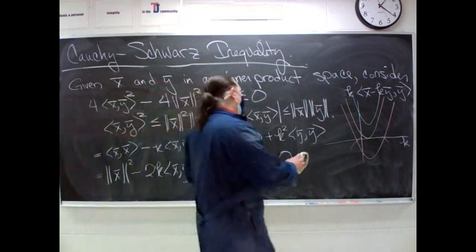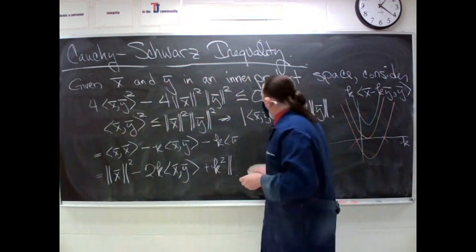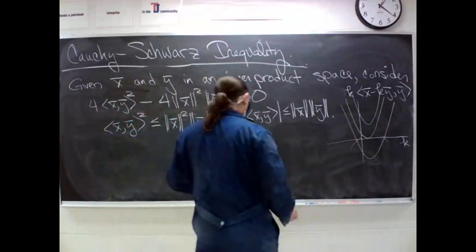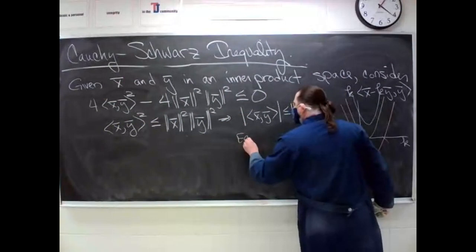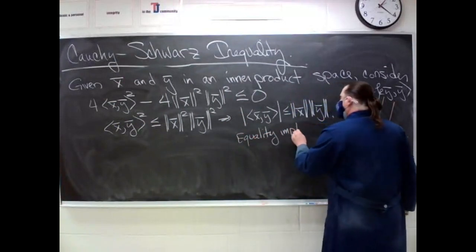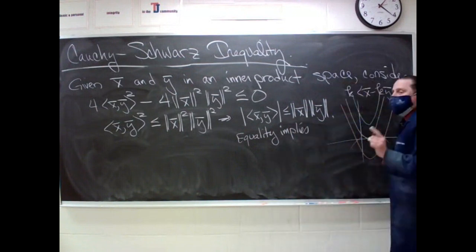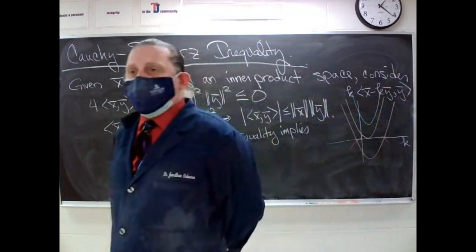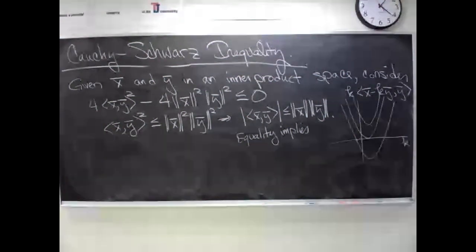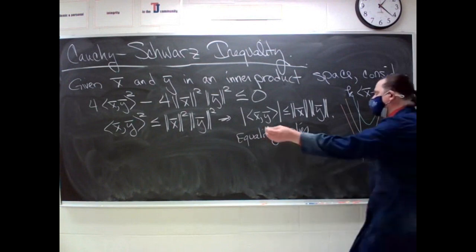Now, not only do we have this, we also know that equality implies that there's a value of k that causes the norm of x minus ky to be 0, which again by the definition of the inner product, implies x minus ky equals 0.